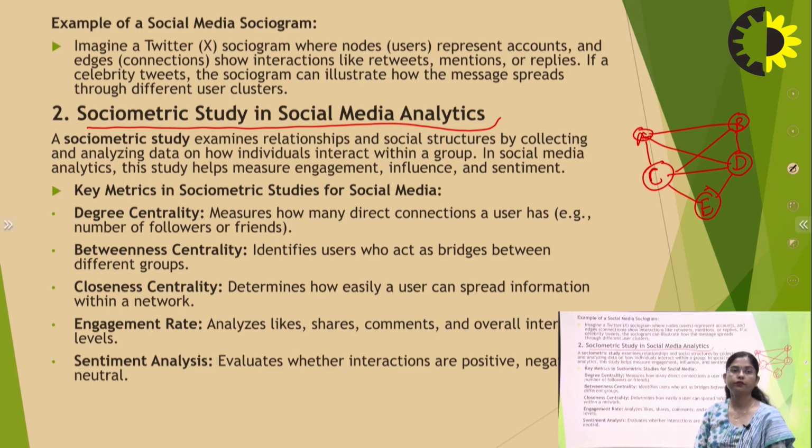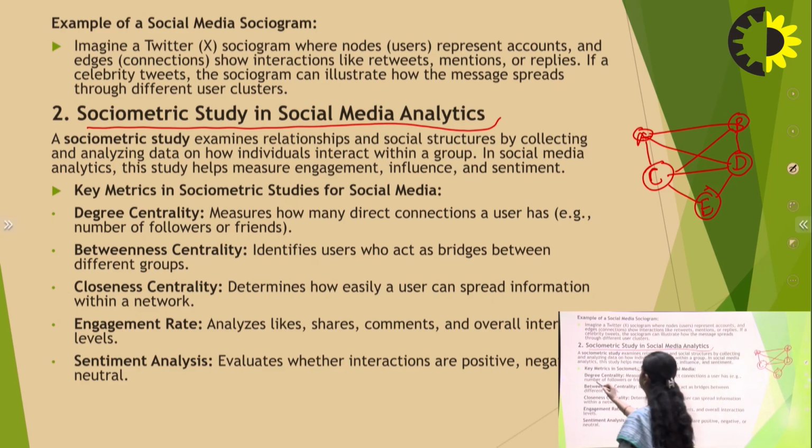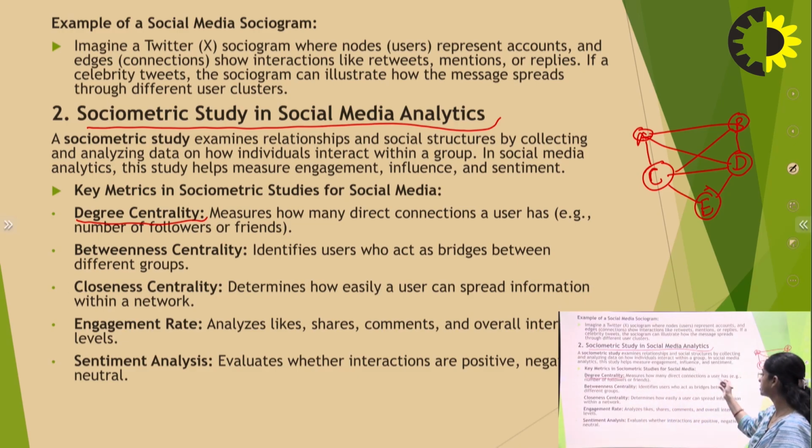On the basis of various metrics. So what are these metrics? Firstly, the degree of centrality. Degree of centrality measures how many direct connections a user has, for example, number of followers or friends. For example, A: how many connections does A have?